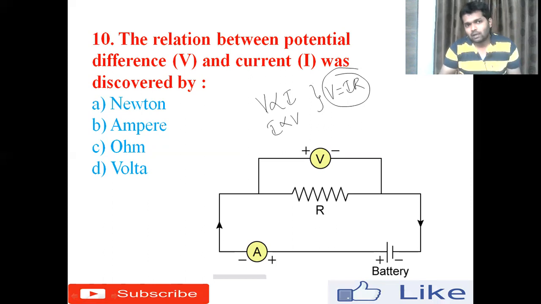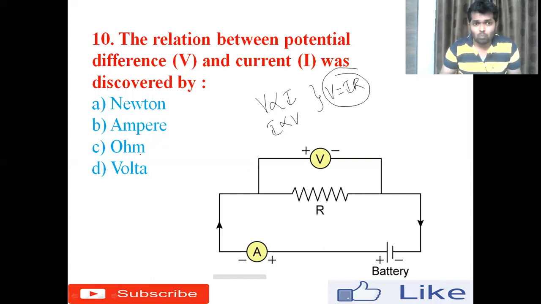Newton gave different ideas about laws of motion and the gravitational law. Ampere's contribution is completely in electricity. He gave different ideas about current and charges.